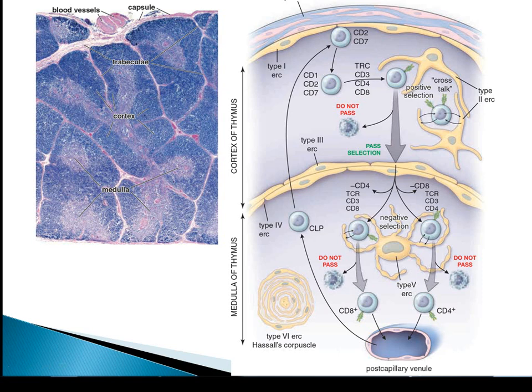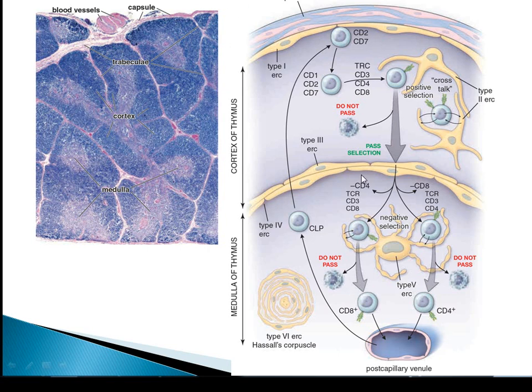The thymus is a small endodermally derived organ located in the superior mediastinum, and in the thymus takes place the differentiation of T lymphocytes that come from the bone marrow. So immunocompetent T cell precursors from the bone marrow enter the cortex of the thymus to proliferate.